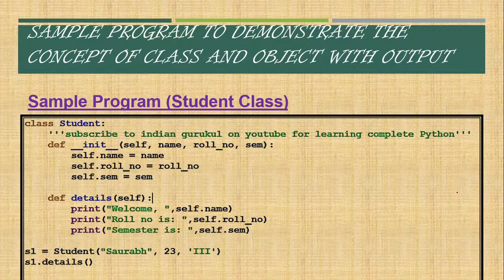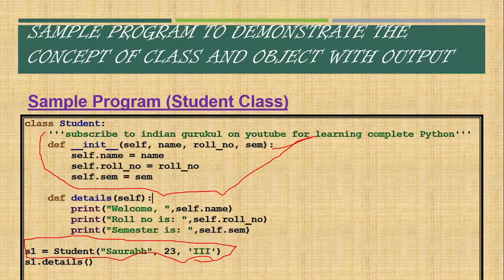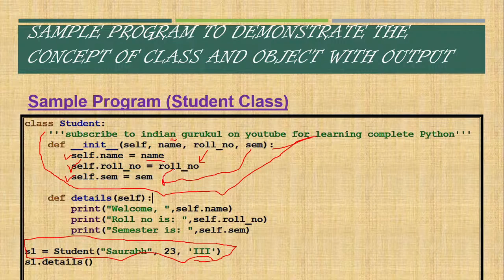So when this statement s1 equal to Student Saurabh 23 third will be executed, at that very moment this constructor inside the body of the class will also be executed, and these three instance variables, self.name, self.roll_number, and self.sem, will be initialized with the name passed over here, that is Saurabh, then the roll number, which is 23, and then the semester, that is sem, which is third, will be assigned to this self.sem.